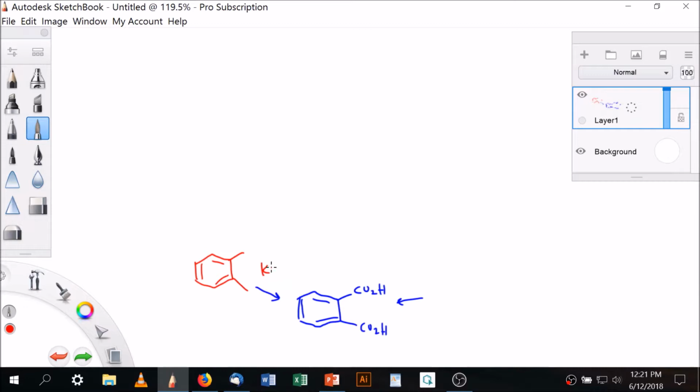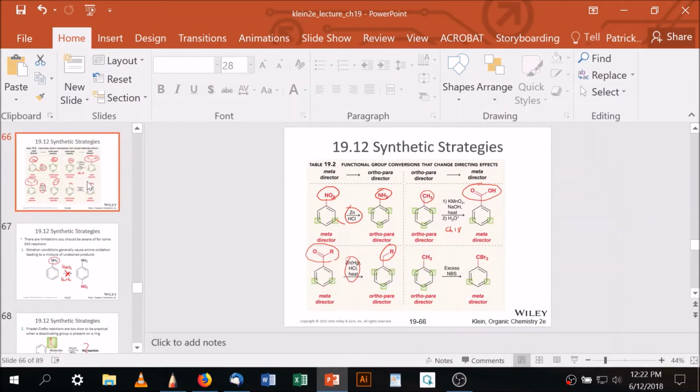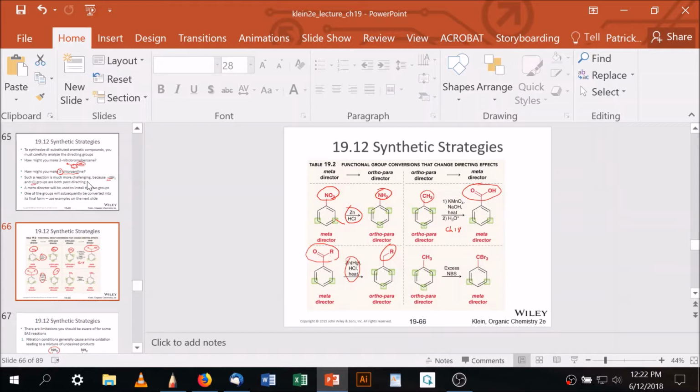Right? This is from chapter 18. KMnO4, step 1, step 2. Let's go back and review the reaction here that can do that. Okay? You see how it's potassium permanganate, sodium hydroxide, and heat, and then follow it with acid.